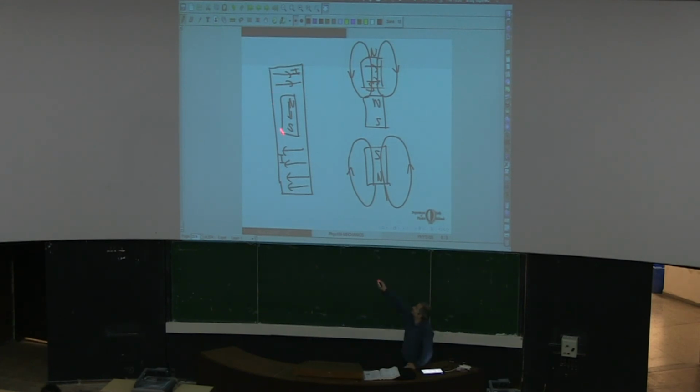Now, it's not so easy to see it as with these ones, because you have both the magnetic field lines going through and the magnetic field lines outside, but nevertheless the idea will be the same. The current will look something like this. This is where we have the magnet.